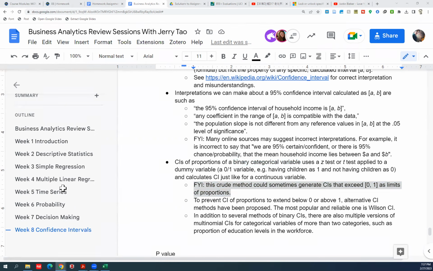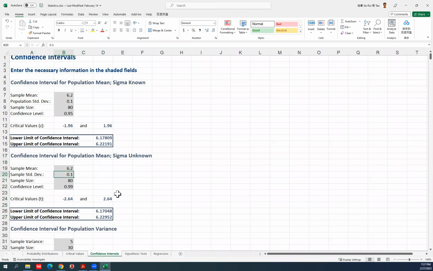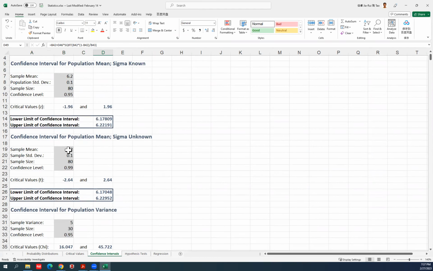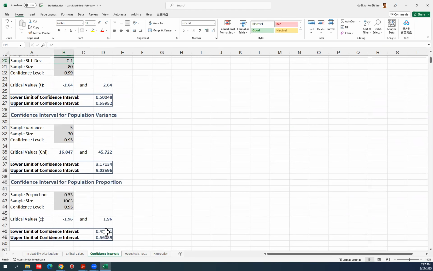So let's simply do it here. Let's see whether it retrieves what we needed in this case. Here, the sample mean would be 0.53. We were not directly given a sample standard deviation, but we could calculate it.